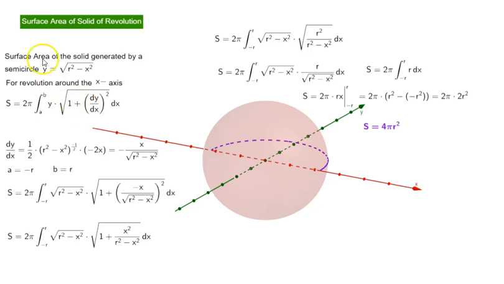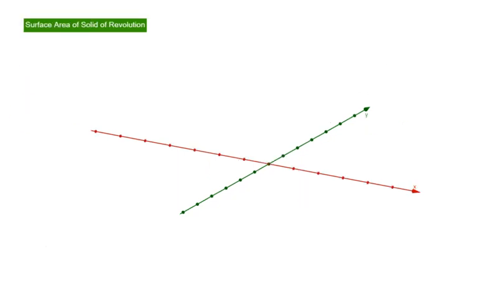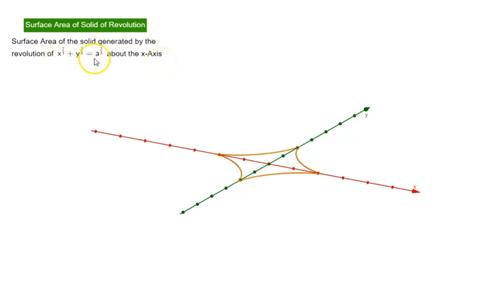Now let's look at the other example. Now we are going to look at the surface area of the solid generated by the revolution of x to the power of 2 by 3 plus y to the power of 2 by 3 is equal to a to the power of 2 by 3 above the x-axis. Now this equation gives us this curve.